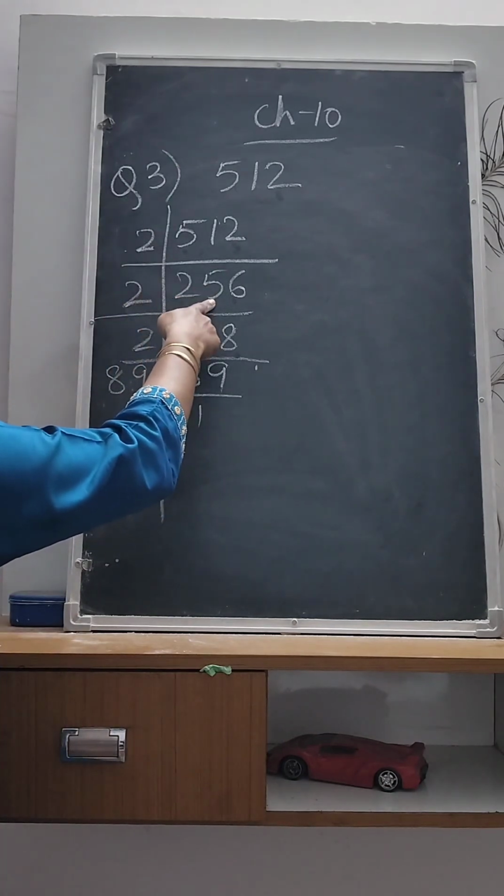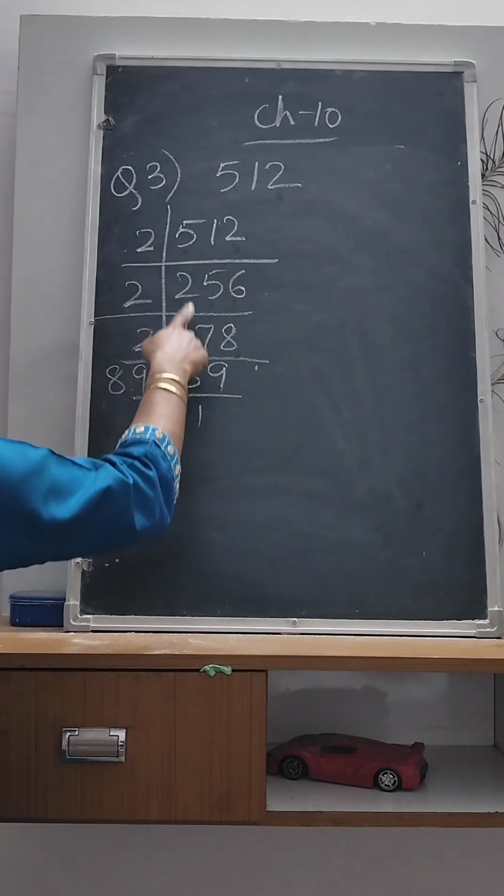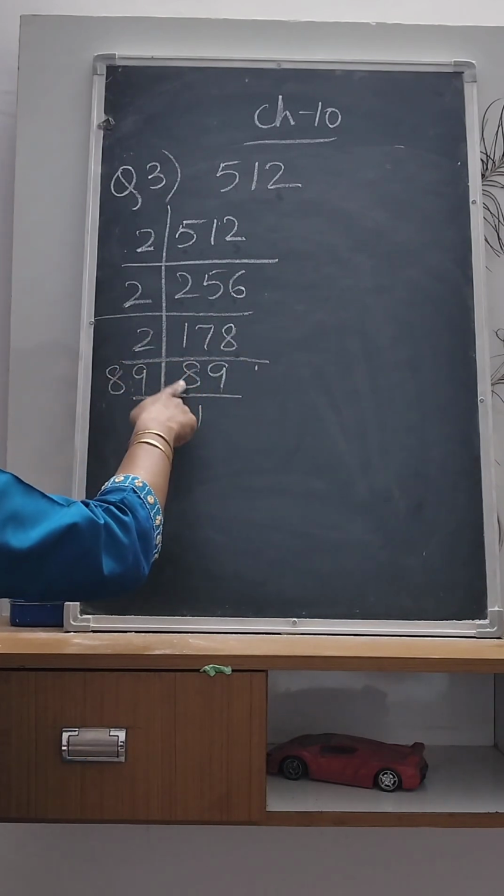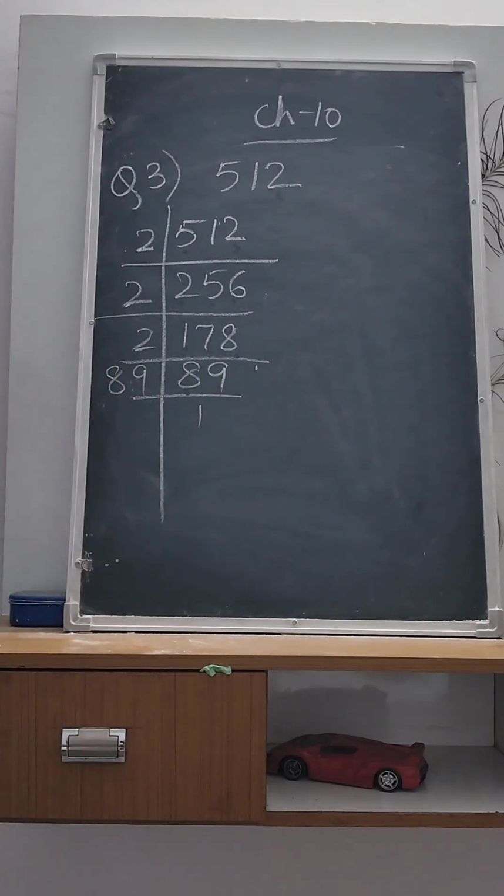2 2s are 4, 2 5s are 10, 2 6s are 12, 2 7s are 14, 2 8s are 16, 2 9s are 18.